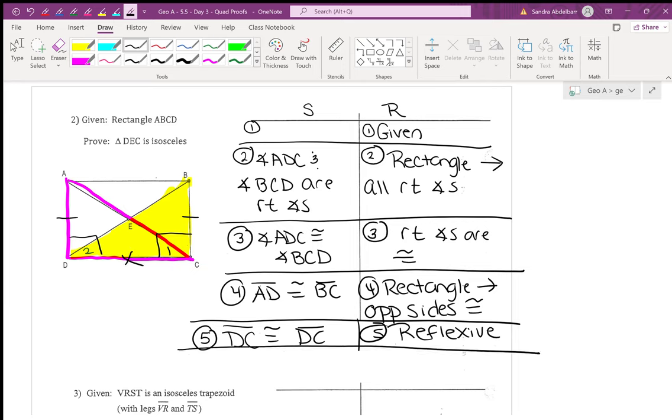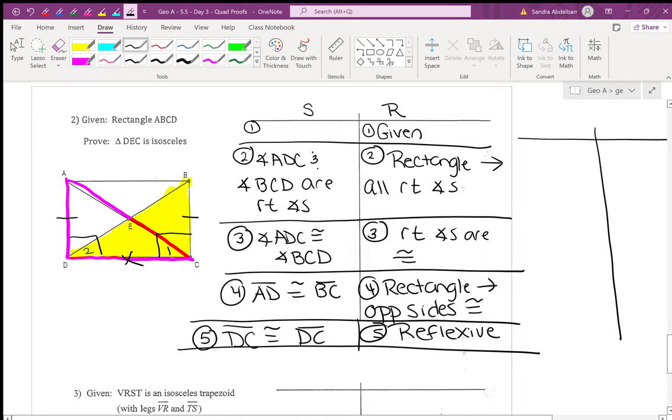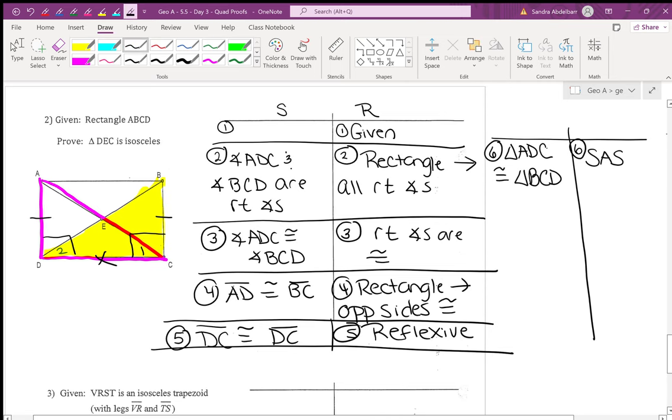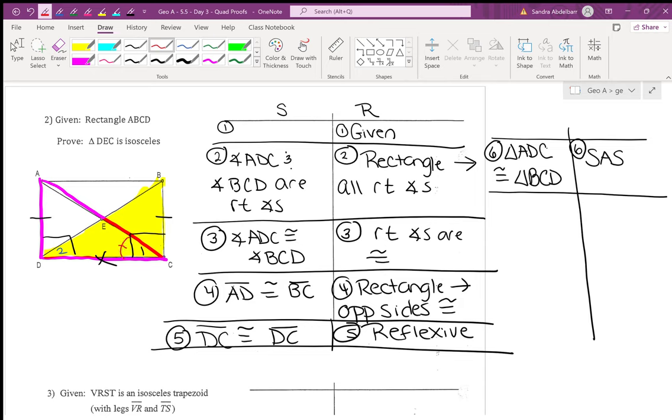So now I can go ahead and say triangle ADC is congruent to triangle BCD, and that is going to be side, angle, side. Can I now see CPCTC, angle 1 and angle 2? Absolutely. So now I'm going to say angle 1 is congruent to angle 2, CPCTC.